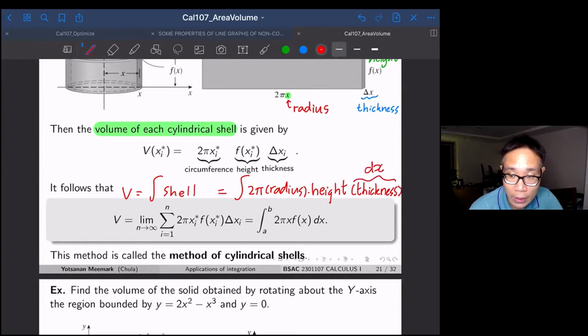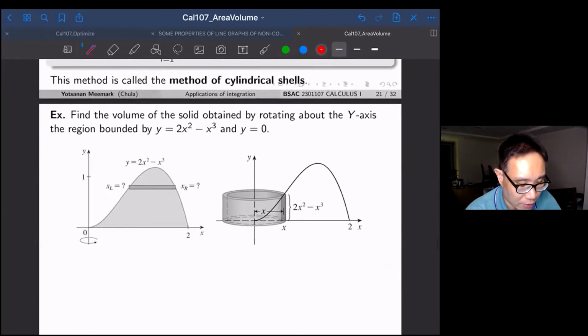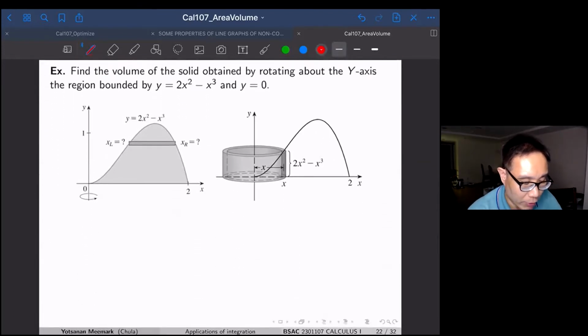So the thing that I normally memorize is to integrate over the interval that you have in your picture, of 2 pi radius multiplied with the height, multiplied with the thickness. Let's see one example first.